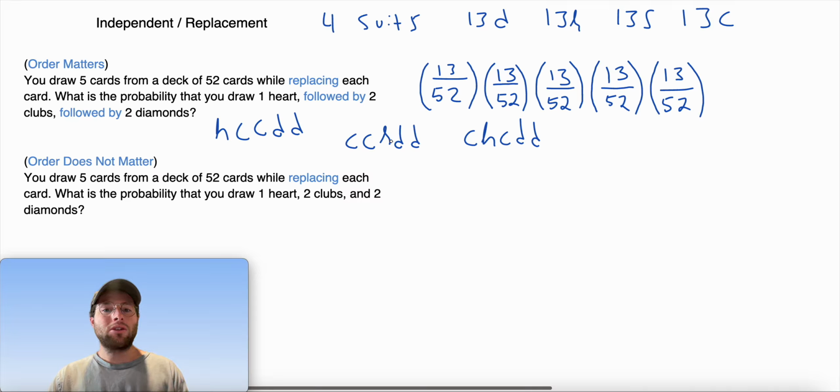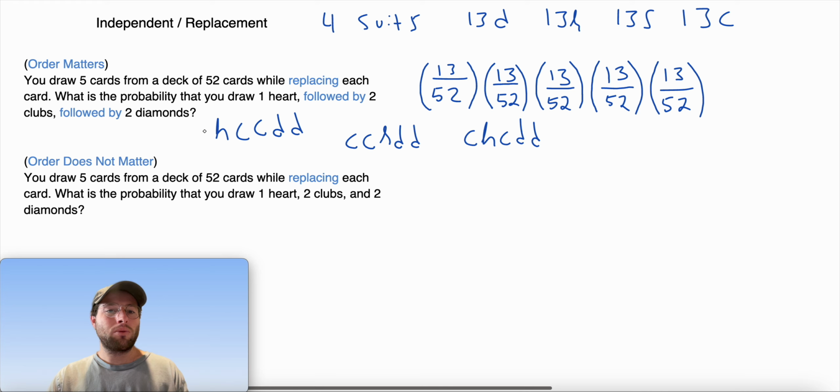It's going to be the probability of drawing just one heart, two clubs, and two diamonds in general. But we say that the order matters here because we are really concerned with just finding the probability of drawing the one heart, the two clubs, and the two diamonds in this particular order.